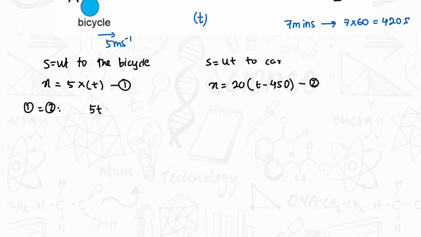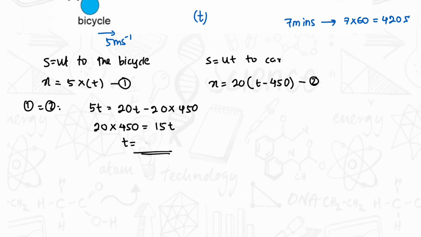Then we have 5t is equal to 20t minus 20 into 450. Then by solving this we have 20 into 450 is equal to 15t. Then by making t the subject we get the answer. t is equal to 600 seconds.